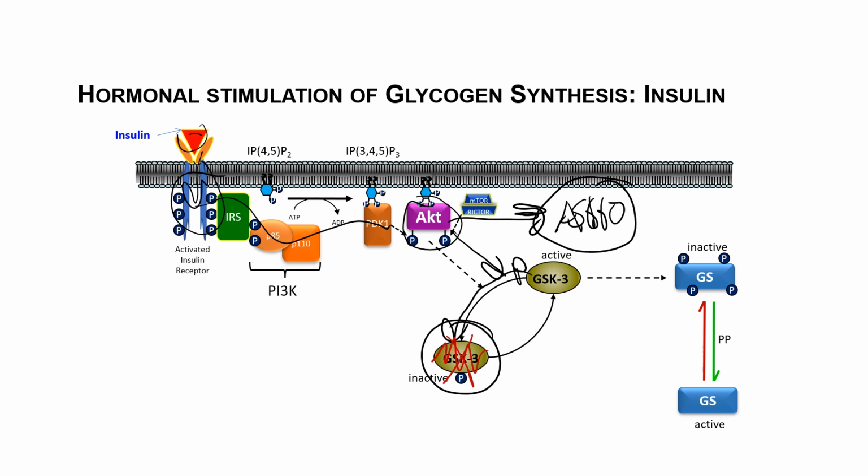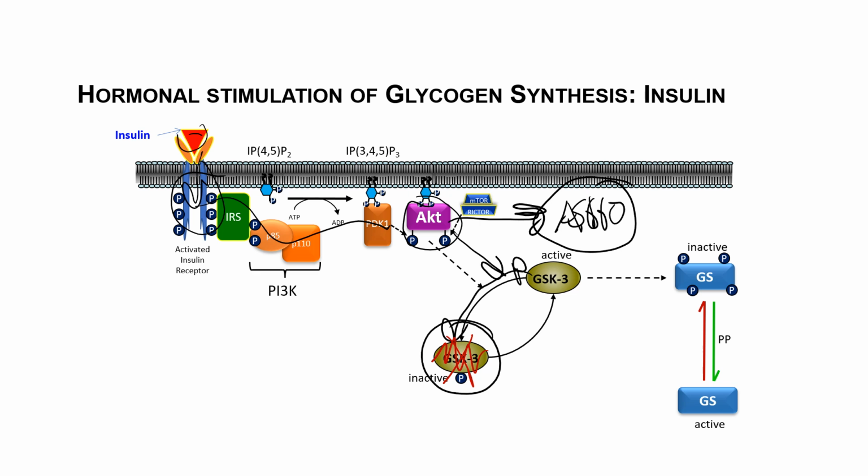And if you knock GSK3 out, making it inactive by phosphorylating it, what are you going to make easier? It's going to make it much easier for glycogen synthase to become active.